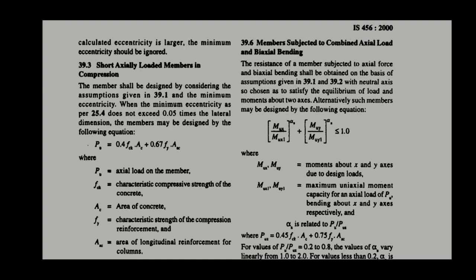When the minimum eccentricity as per 25.4, that means clause number 25.4, does not exceed 0.05 times the lateral dimension, the members may be designed by the following equation. So before checking the following equation, let's check out as per clause number 25.4 what is minimum eccentricity.